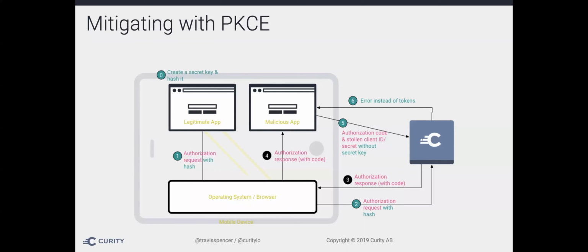The legitimate application never sends the key, so it's never possible to steal. It's not encoded into the application. It's ephemeral, temporary, one-time usage. So there's no way for the malicious application to get hold of that, or at least not an easy way.